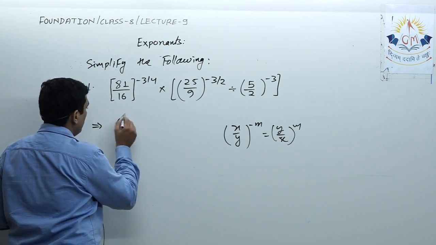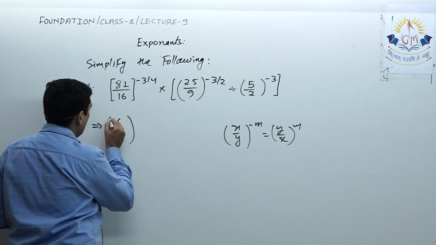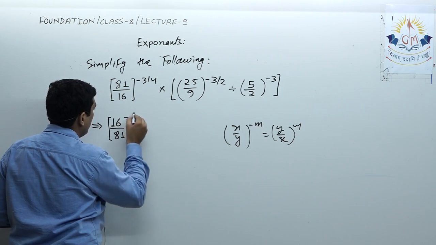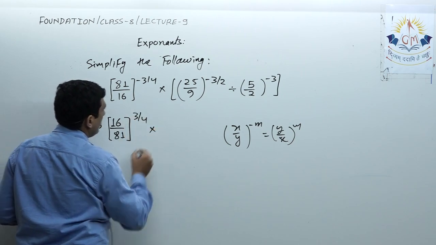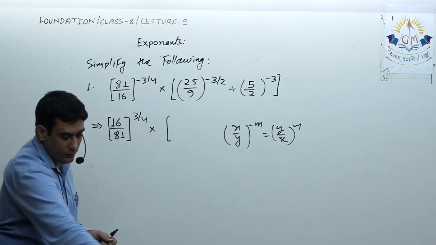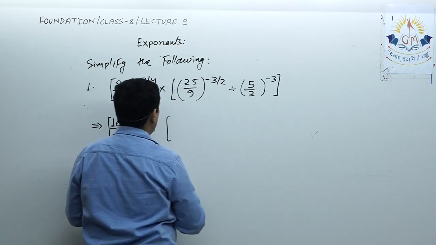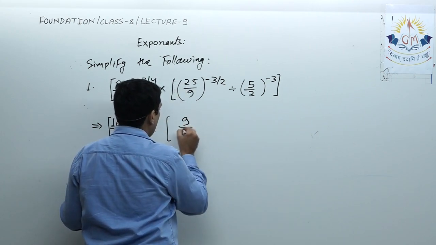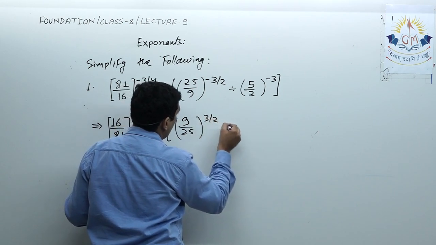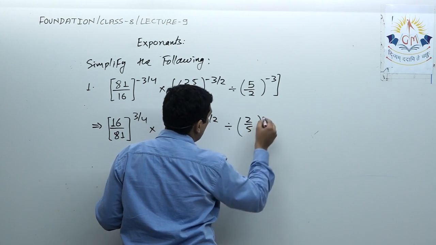So this will become (16/81)^(3/4), multiplied by... Now I will apply the same thing over here. First of all, I will convert all the negative exponents into positive exponents. So this will become (9/25)^(3/2) divided by (2/5)^3.